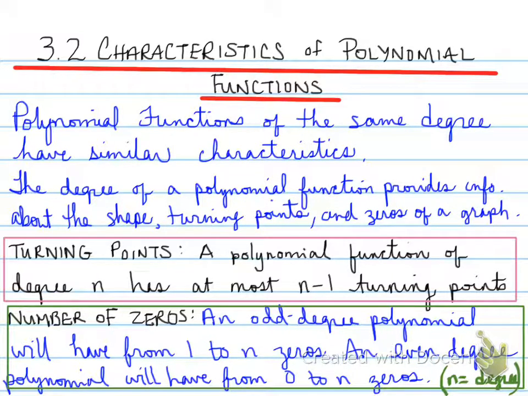Anything that's an odd degree polynomial will have at least 1 up to the number of the degree of the polynomial. An even degree polynomial will sometimes have no actual zeros, up to, again, n zeros, n being the degree.